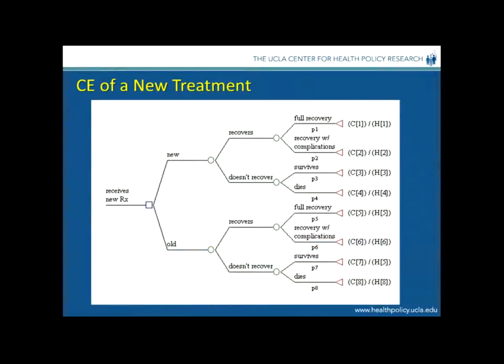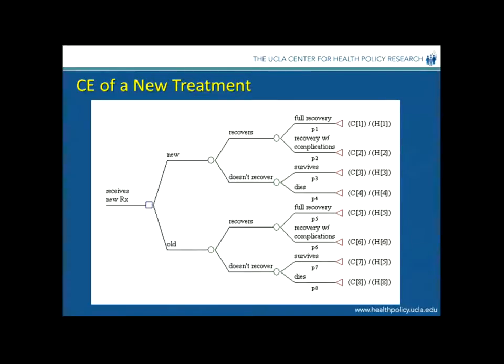And then similarly, if we're talking about new treatments, new intervention, new versus old, people are going to either recover or not recover after treatment. And people who don't fully recover can survive and live with ongoing disability, or they can die. For people who have the intervention, they can recover with complications or have a full recovery.